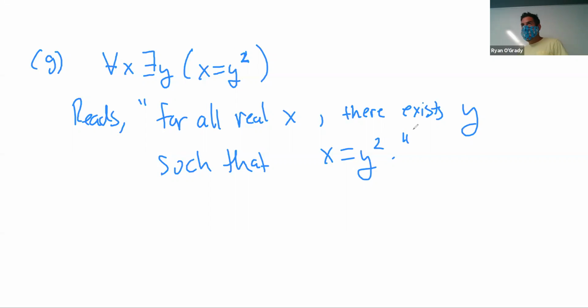Okay, now pick any other real number. 9. What number satisfies that 9 is equal to Y squared? Y would be the square root of 9. Okay. What if you pick negative 16? Does that have a partner in the real numbers?